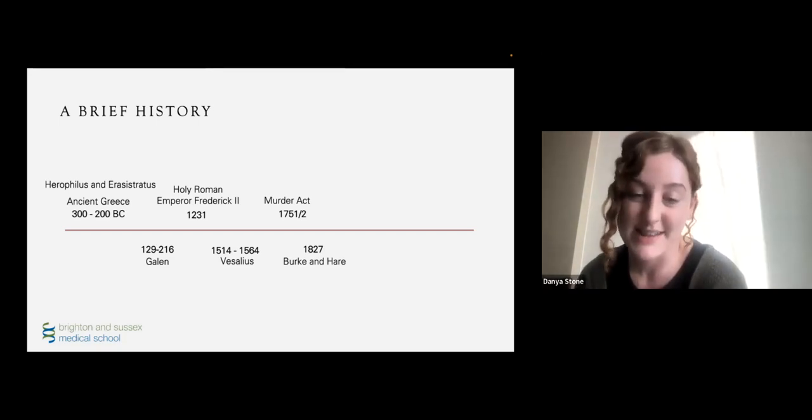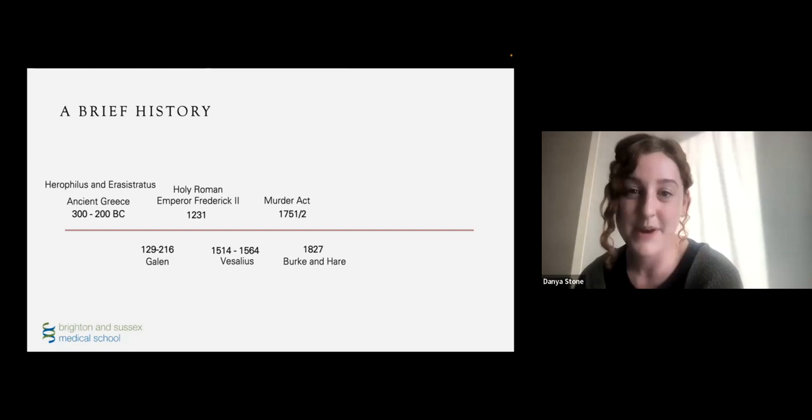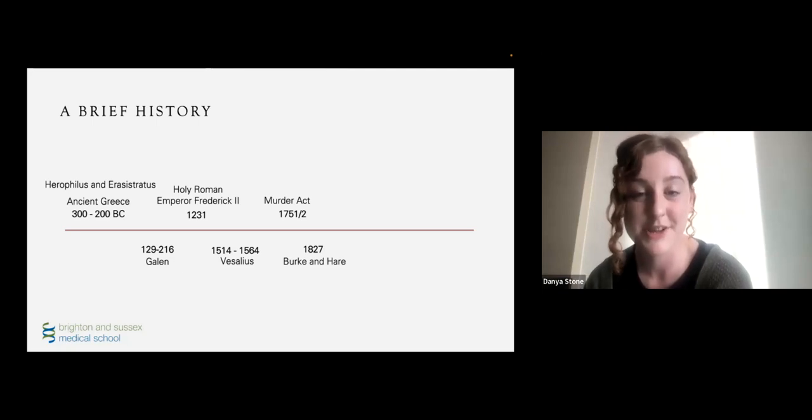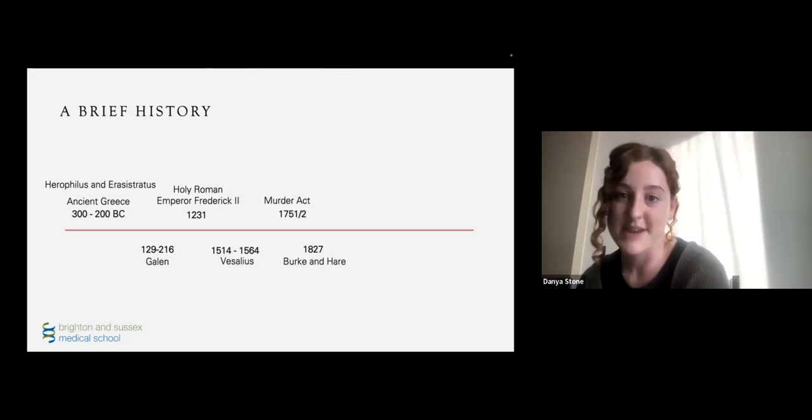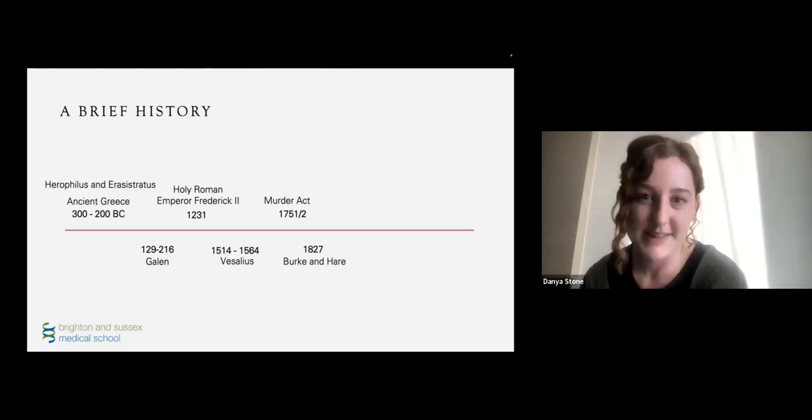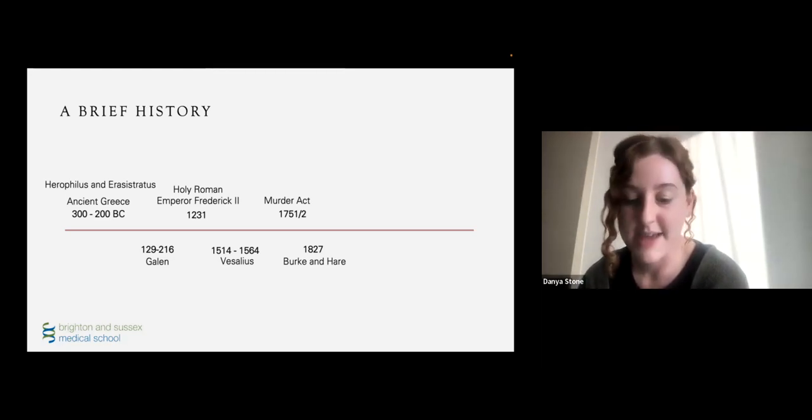And Burke and Hare realised that a much easier way to acquire bodies rather than digging up the graves was actually just to murder people and hand them straight off to Dr. Robert Knox. So it's thought that Burke and Hare murdered 16 people and supplied them to the anatomist for the study of anatomy.